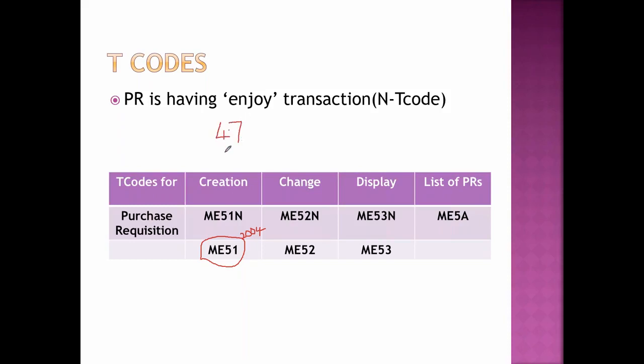So in 2004, 4.7 EE was the release, and at that time many changes were made in the SAP design.